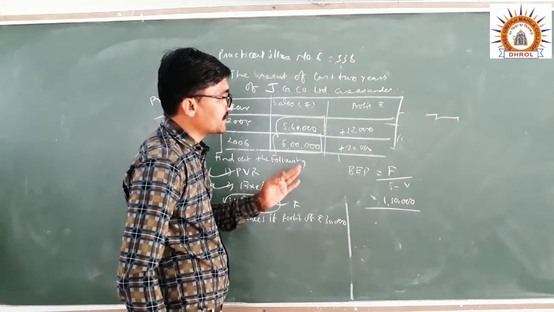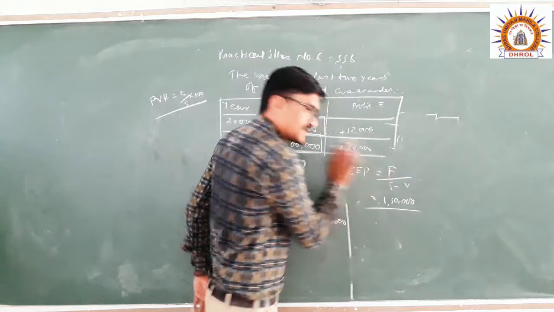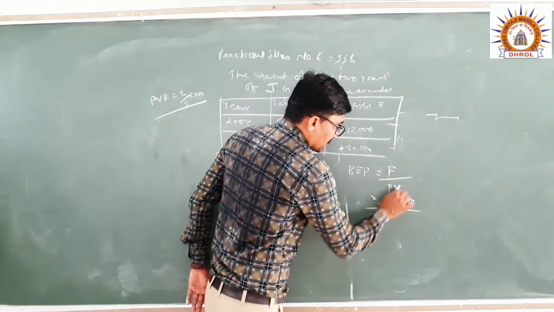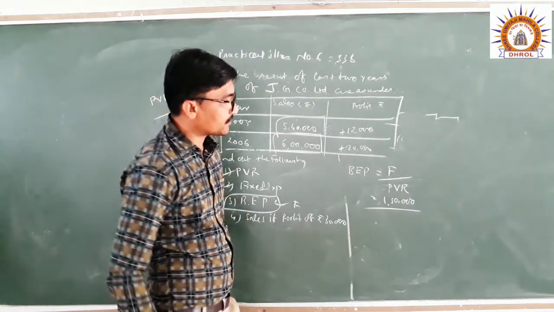The break-even point is calculated with the help of a new formula. F is the same, and instead of S minus V you can put the PVR: F upon PVR.